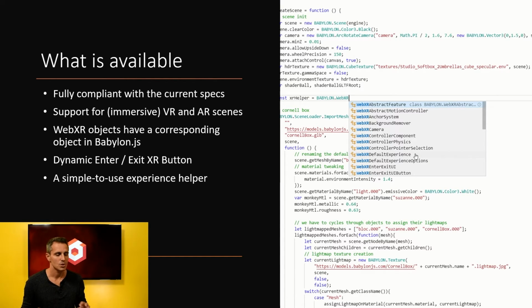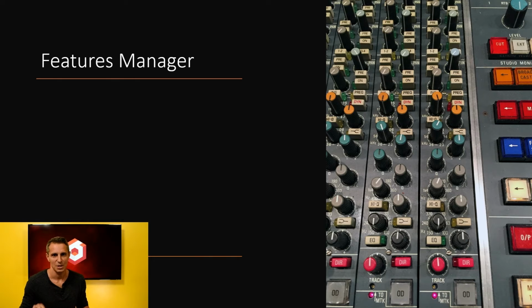One of the key things also is Hanan created a simple-to-use experience helper. So we'll see how in a single line of code you can enable XR, basically VR, in your scene. We'll see this in a little demo, some demos I'll do at the end.